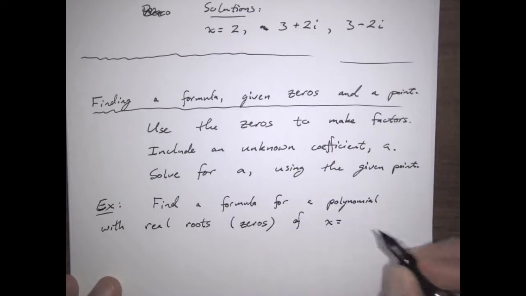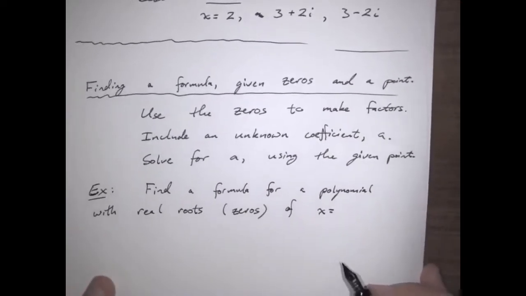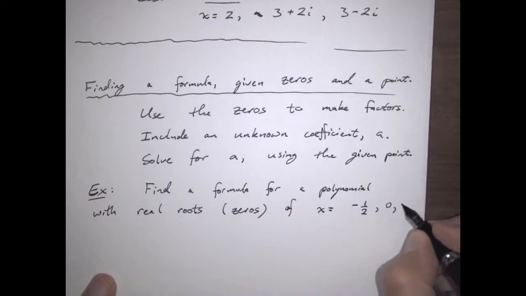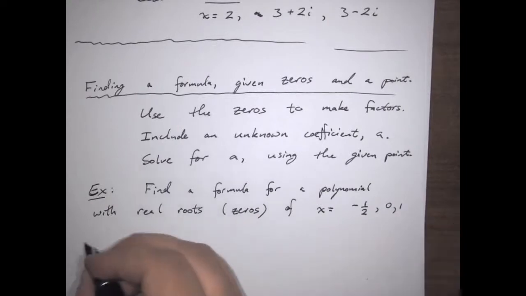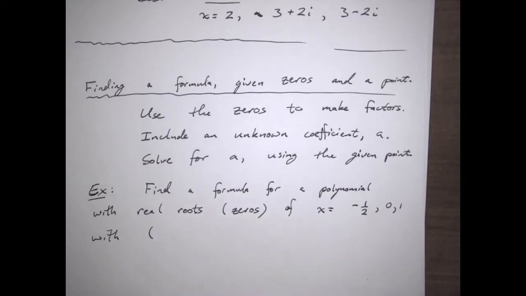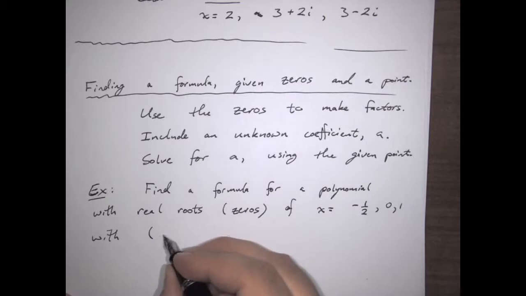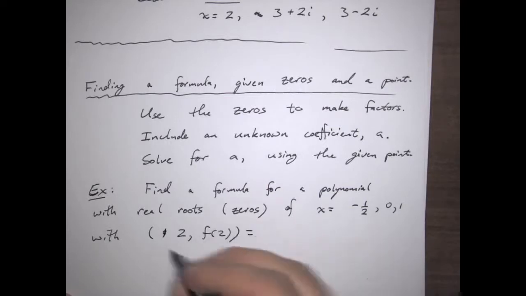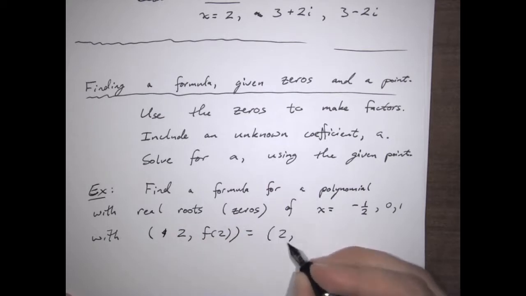Of x equals, let's say, negative 1/2, 0, and 1, with another point given to us. In the past, it has typically been the y-intercept that's been given to us. But let's say that f of 2 is equal to 6, so the point 2 comma 6.